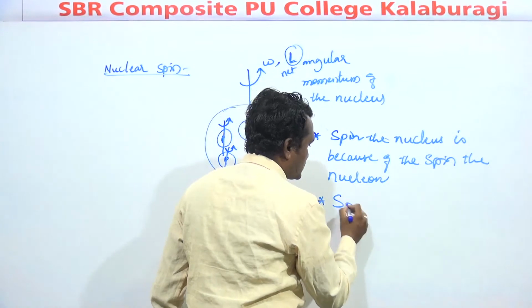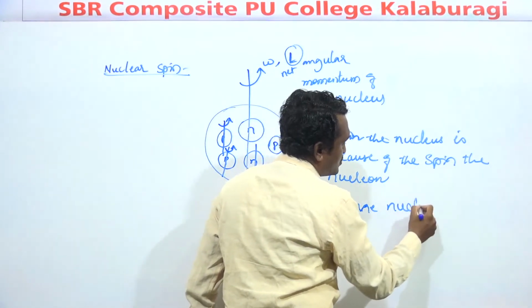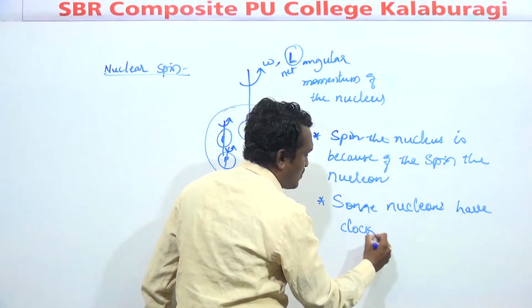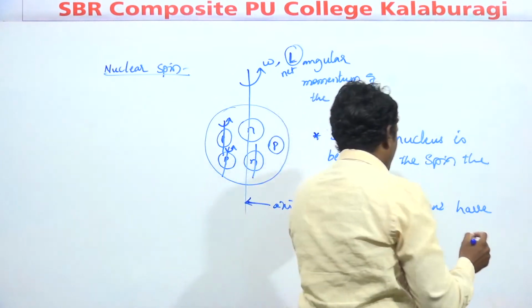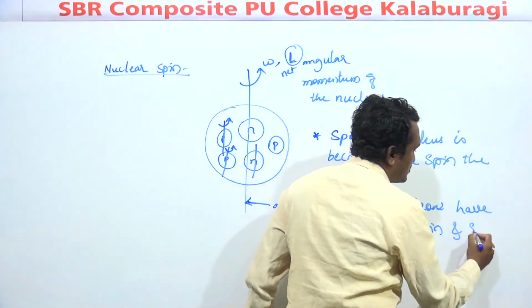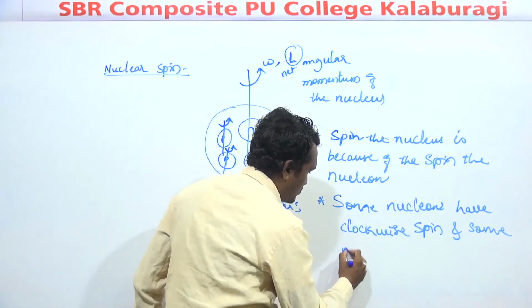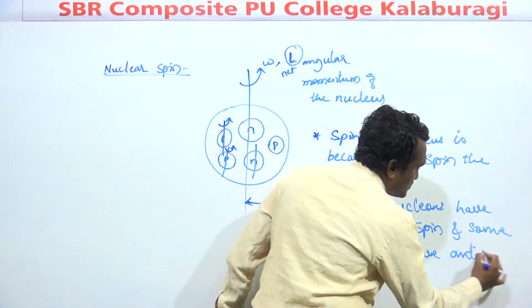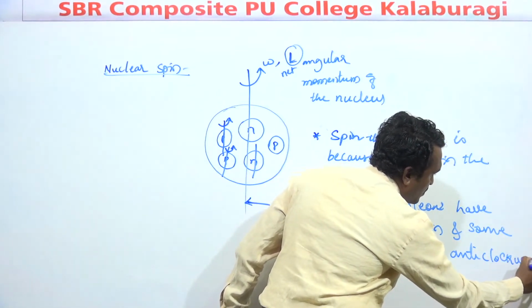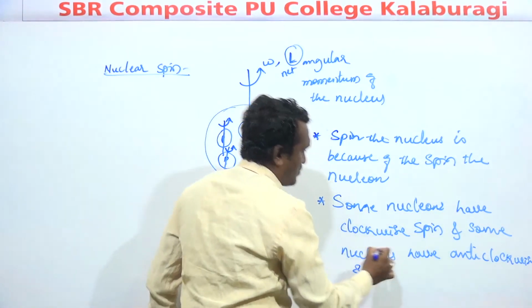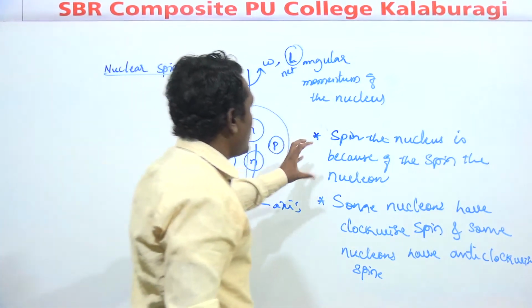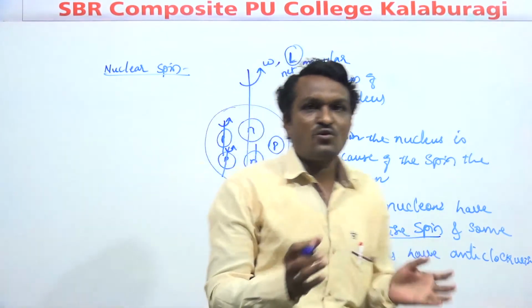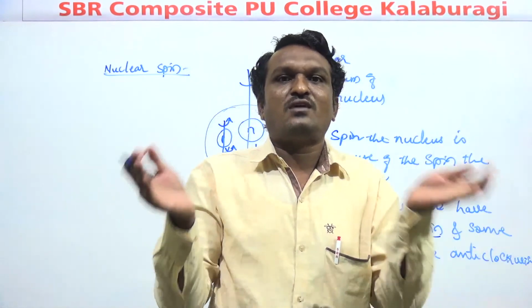Some nucleons have clockwise spin, and some nucleons have anti-clockwise spin.